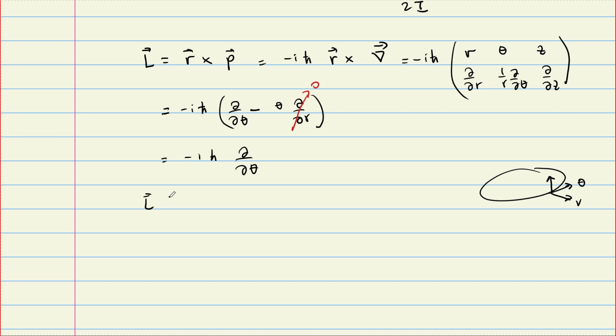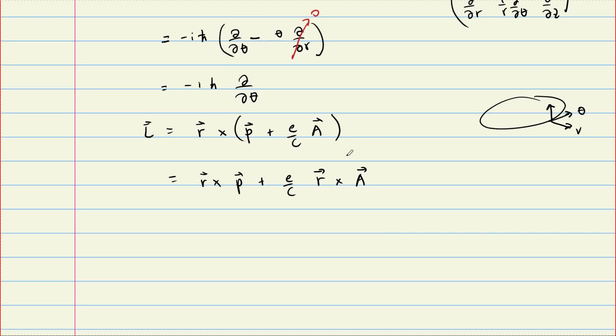So L is r cross p plus e over c times A, and this is going to be r cross p. This piece we calculated, plus e over c r cross A, and this one we calculated too. This is minus i h bar del over del theta. This one is e over c.